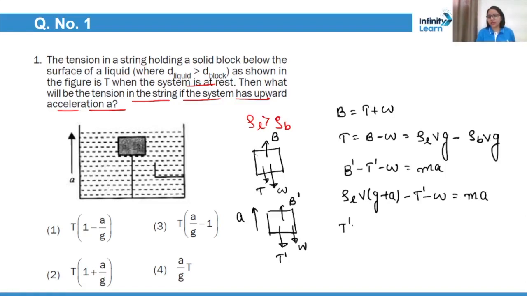So we can write T dash as rho L V into G plus A minus W, which is density of the block into volume into G, minus MA. Mass can be written as volume into density.